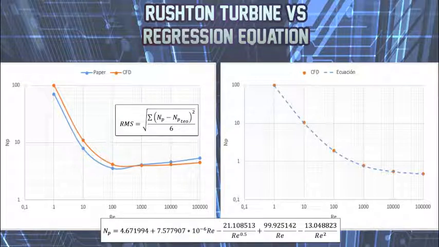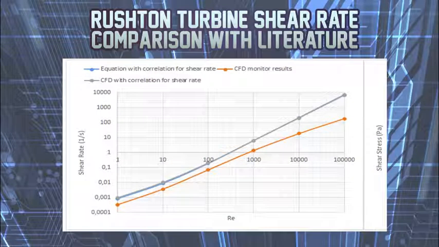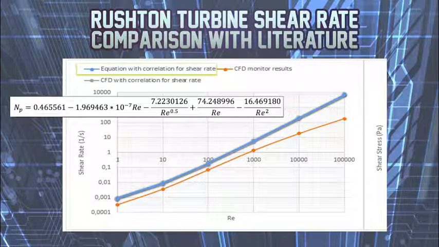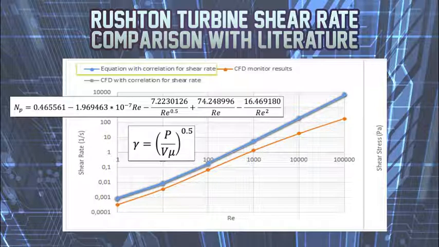Furthermore, another equation of importance was this one, which was used to compare the behavior of the Rushton turbine. This diagram represents the shear rate of the Rushton turbine compared with the data found in the literature. The blue curve represents the shear rate that was calculated using these two equations.